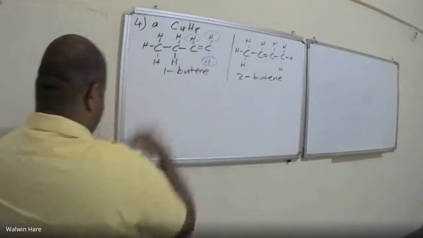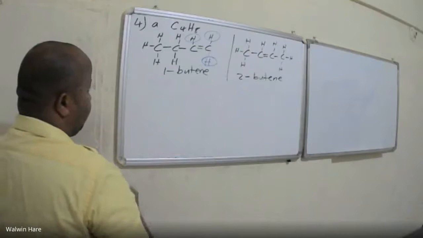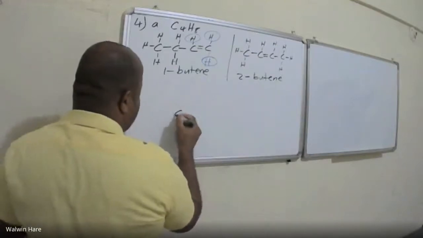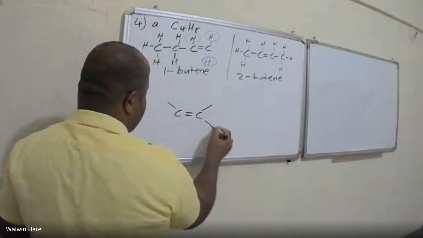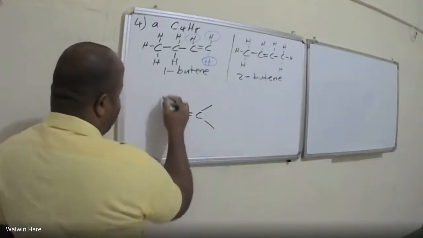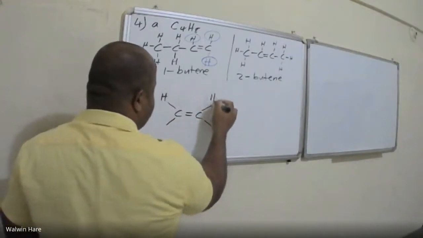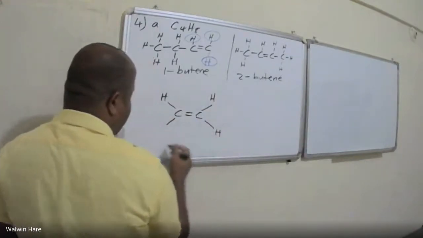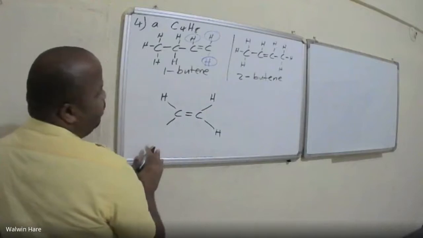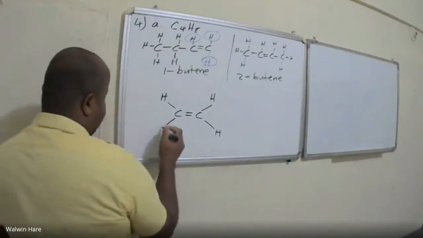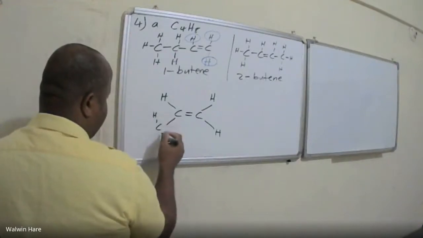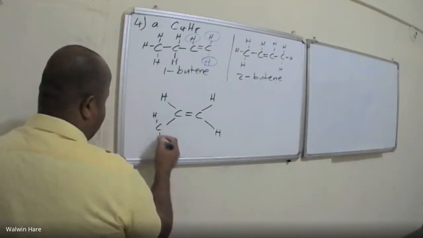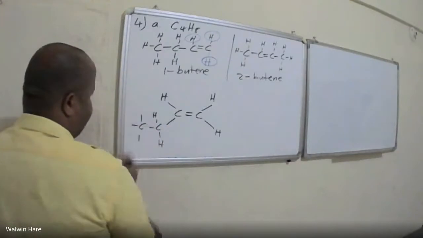So let's look at this and why it cannot work. So C double bond C, that's the double bond. So H, H, CH2, CH3.